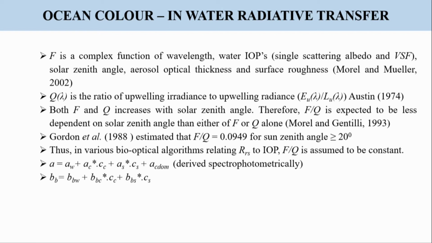Therefore, F by Q is less dependent on solar zenith angle than either F or Q alone. Hence, as I mentioned earlier, F by Q is equal to 0.0949 for a sun zenith angle greater than or equal to 20 degrees. Thus, in various bio-optical algorithms, RRS to IOP, F by Q is assumed to be constant.